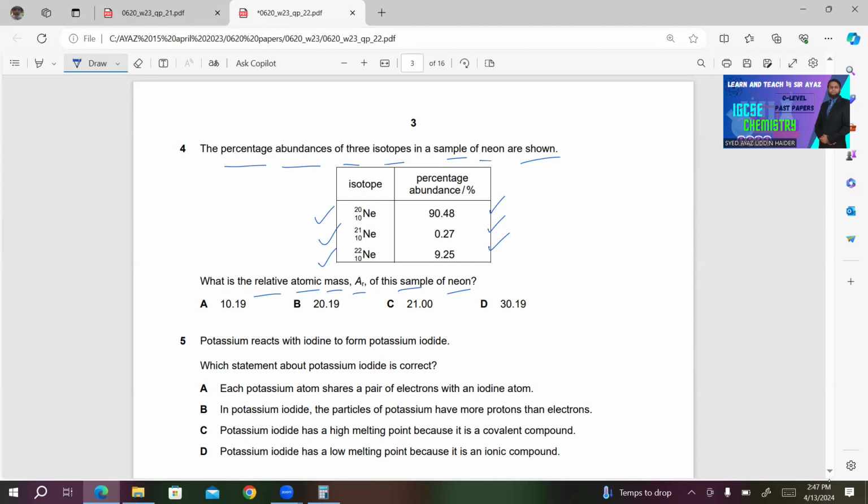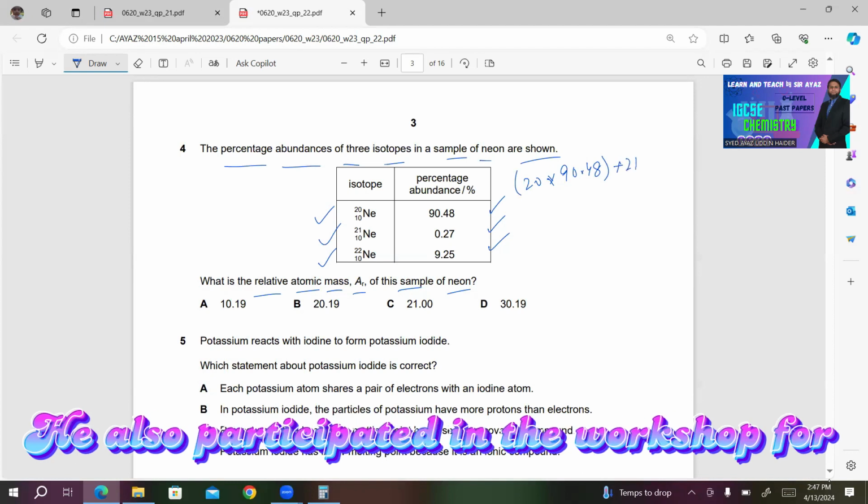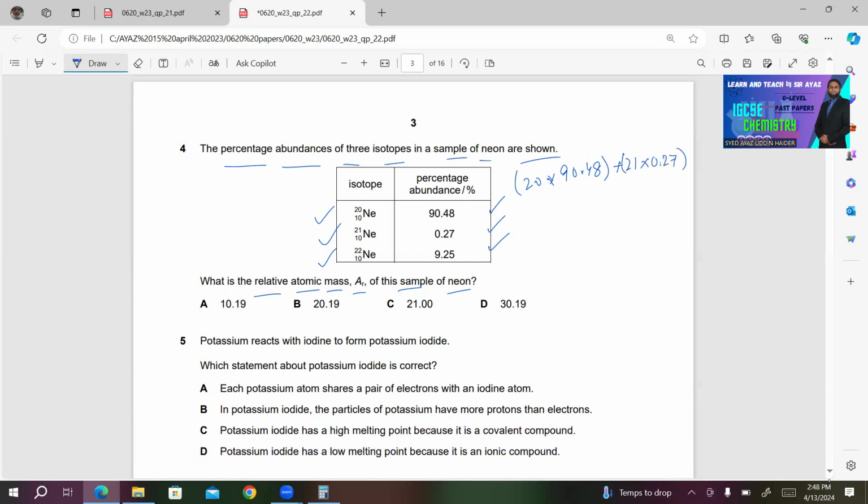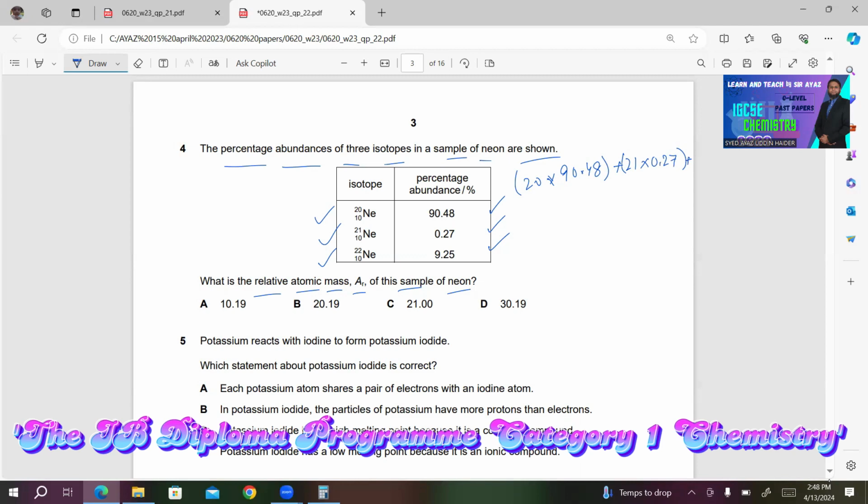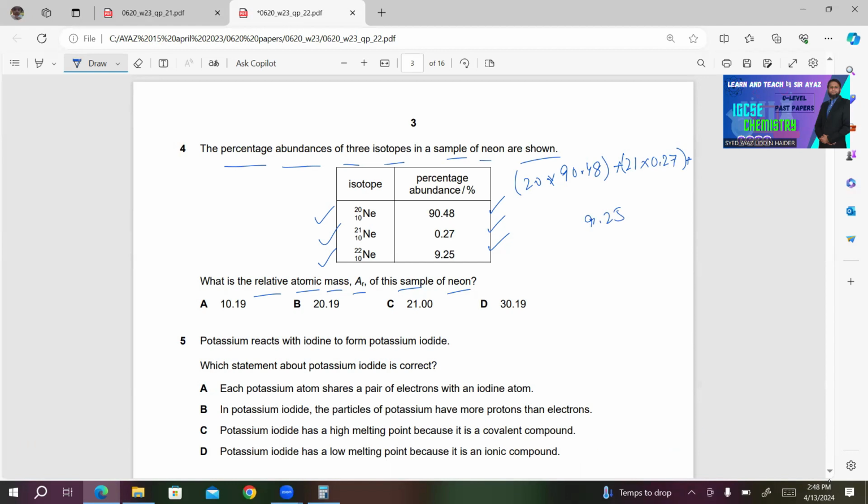So 20 will be multiplied by 90.48 plus 21 multiplied by 0.27 plus 22 multiplied by 9.25, and this whole will be divided by 100. So what will you get?